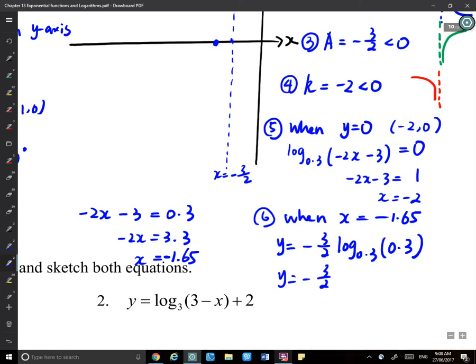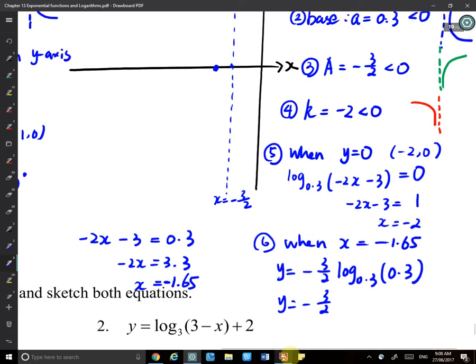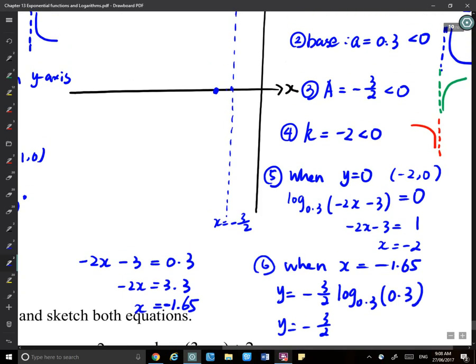So minus 1.65 and minus 1.5. That's minus 1.5, minus 1.65 is just over that, and minus 1.5 is here. It's this point here.